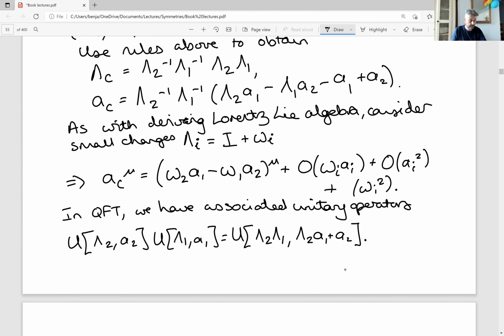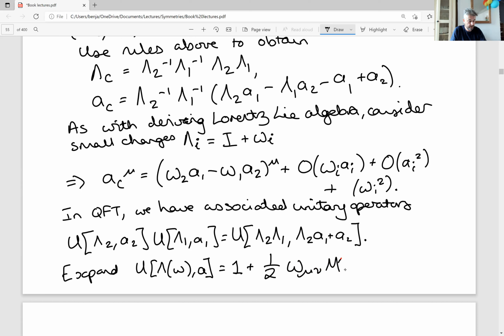And so now what we do is we expand U of (lambda, a). I'm going to put lambda as some small parameter omega in. And this unitary operator becomes 1 plus a half omega_mu nu M^mu nu plus a_mu P^mu.